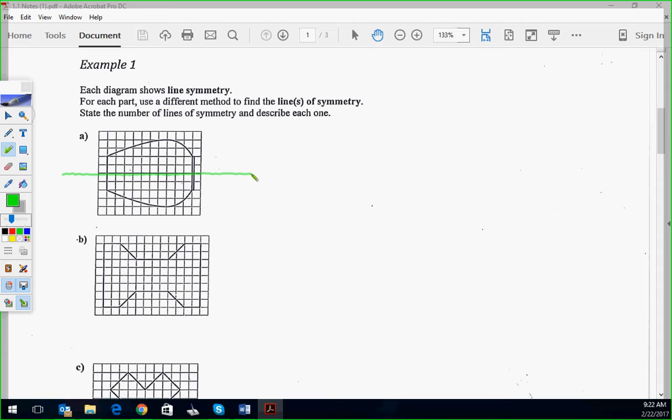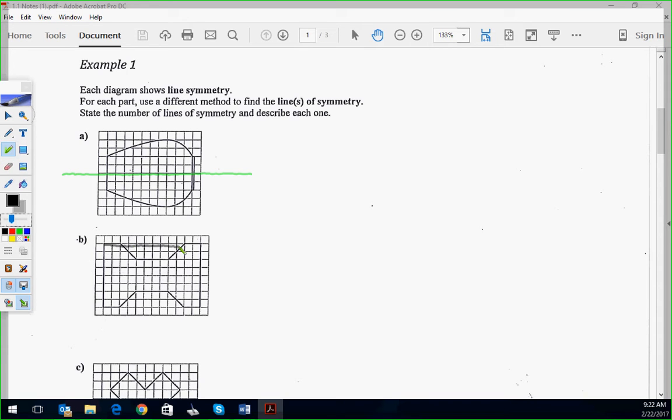Okay, how about this one? What does your picture look like? Okay, I see. It's like this? So is it just this outside here?